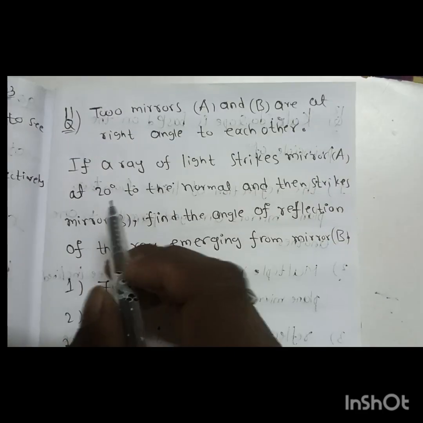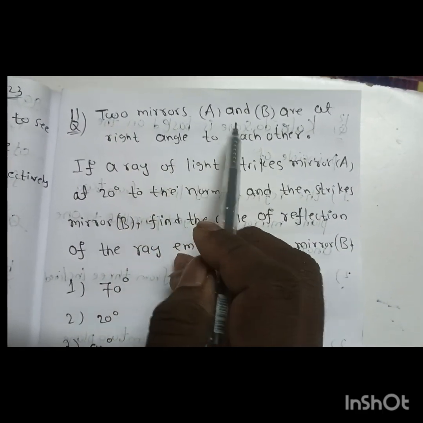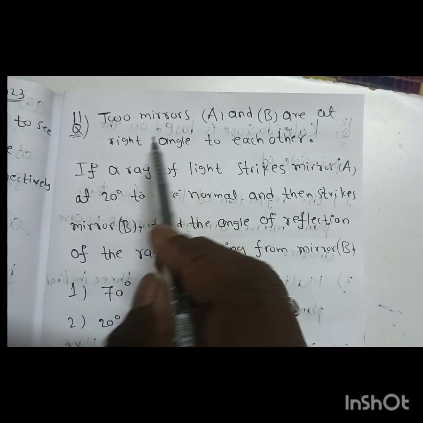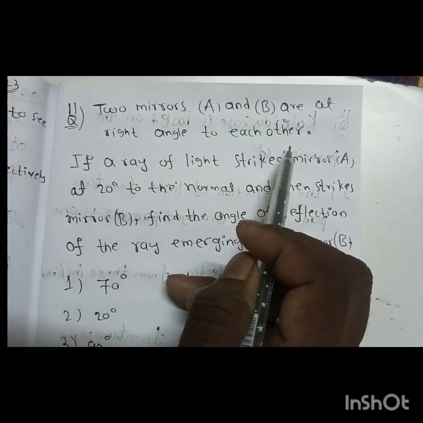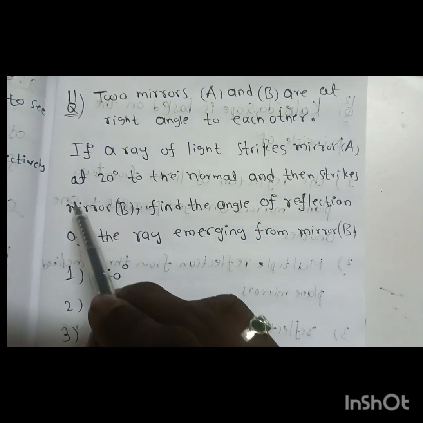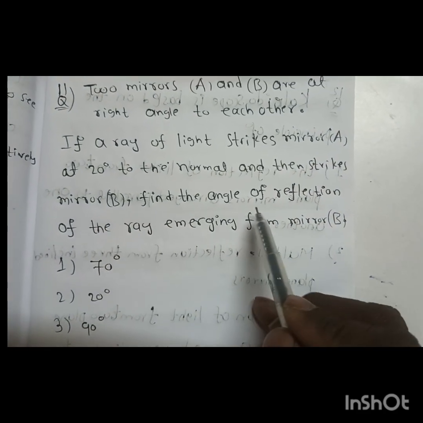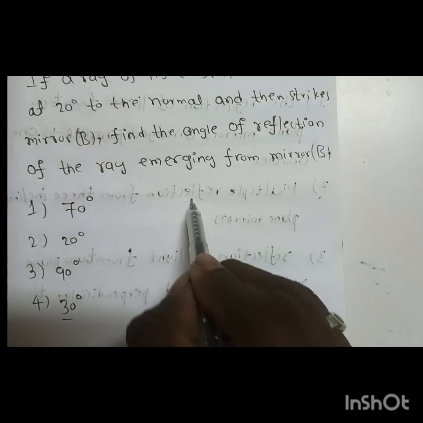Next, another two questions, that is the 11th question. Two mirrors A and B are at a right angle to each other. If a ray of light strikes mirror A at 20 degrees to the normal and then strikes mirror B, find the angle of reflection of the ray emerging from mirror B. A and B are placed at 90 degrees.